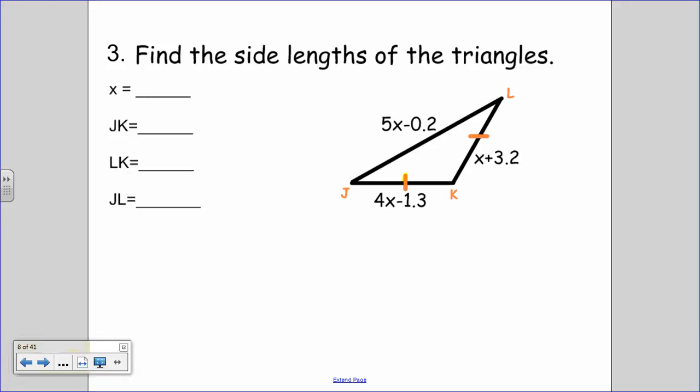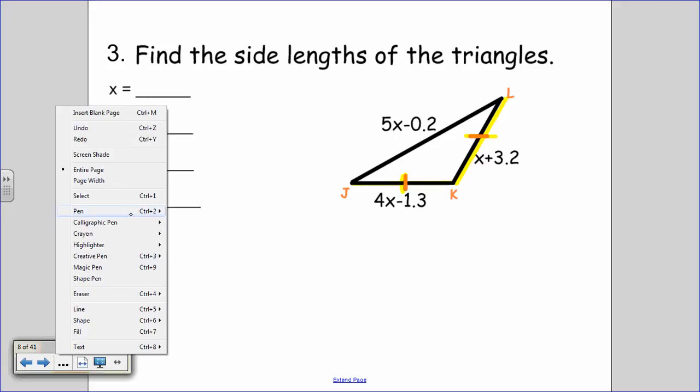When you see a tick mark on a leg or a side, and it is the same style of tick mark, it means that that side and another side have the same length. So JK will have the same length as LK. So it looks like it's going to be an isosceles triangle.